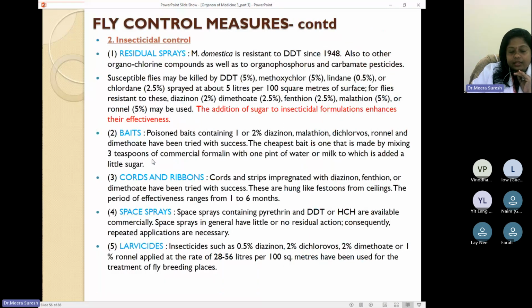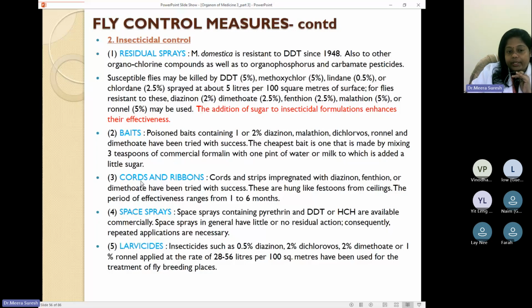We can use poison baits containing 1 or 2 percent diazinon, malathion, dichlorvos, ronnel, and dimethoate. They have been tried with success, but that is chemical. Even we can make a bait from 3 teaspoons of commercial formalin with 1 pint of water or milk, to which a little sugar is added. So we can make a bait in our own house.